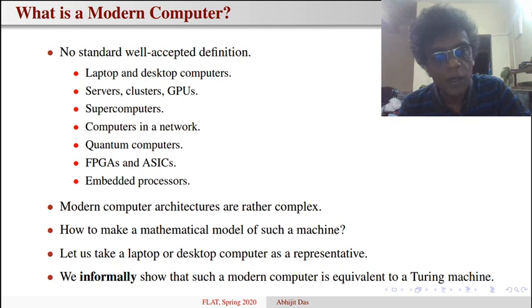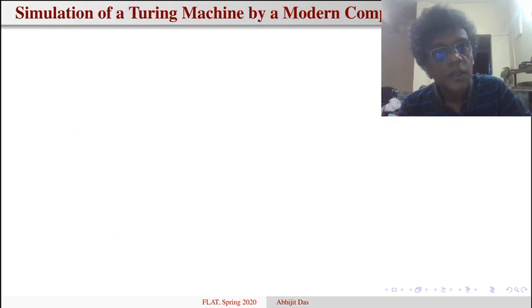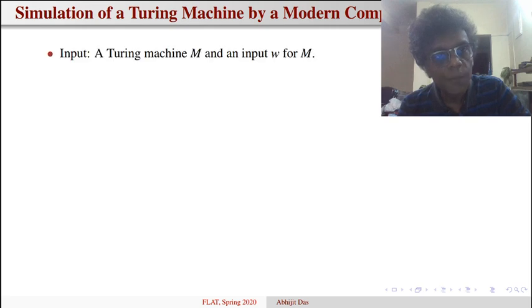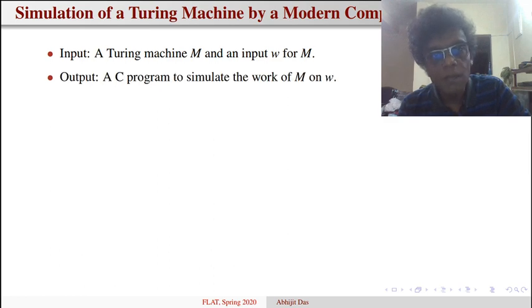One by one, in two directions. So first we will see how to simulate a Turing machine by a modern computer. The input is some Turing machine M and an input W for M. I would like to write a C program to simulate the work of M on W.